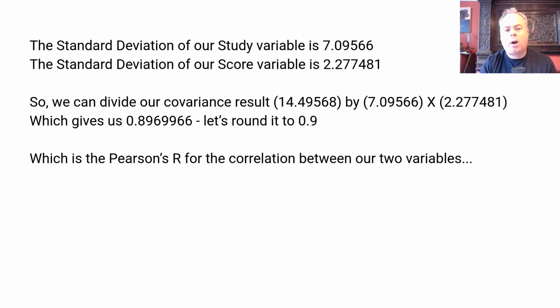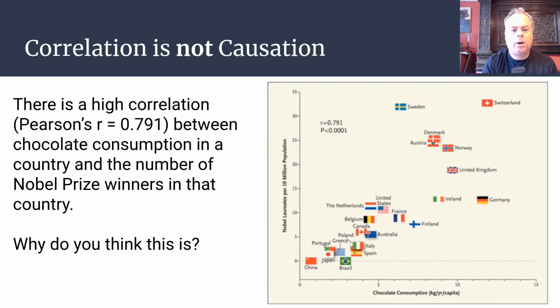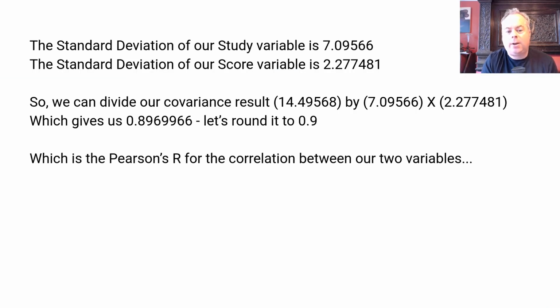So if we plug our standard deviations for our two variables, which we can calculate, into the equation, we see that it gives us a Pearson's R of round about 0.9. So Pearson's R is 0.9 for the correlation between our two variables. And that's a pretty high correlation, basically.